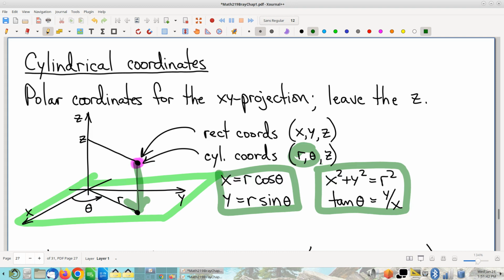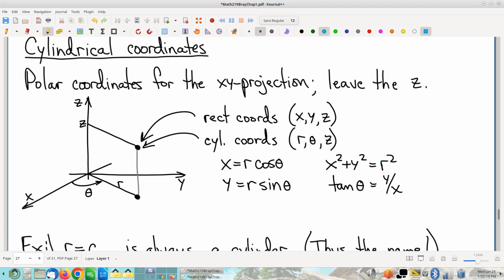So it's important to realize the connection, but let's go ahead and call it something different because it is different. The difference being, of course, that this is three-dimensional. There's also the z-coordinate, so that kind of comes along for the ride. The cylindrical z is exactly the same as the rectangular z. So again, the only thing that's interesting about cylindrical coordinates is that which it has in common with polar coordinates. Okay. All right.